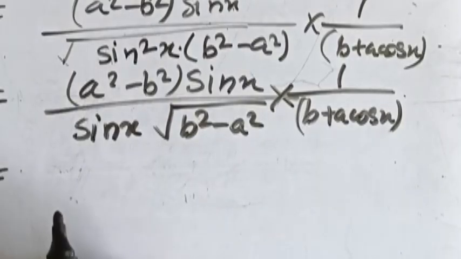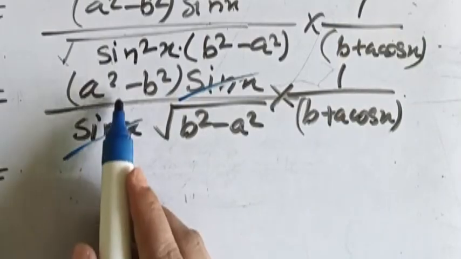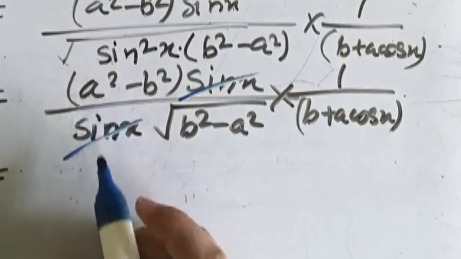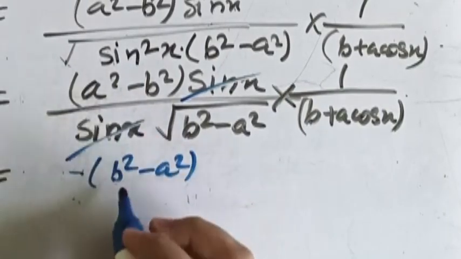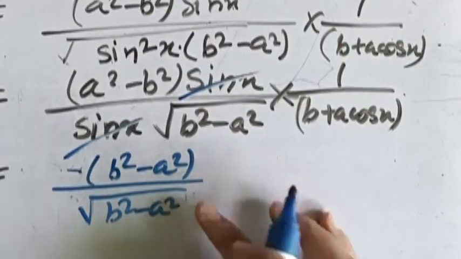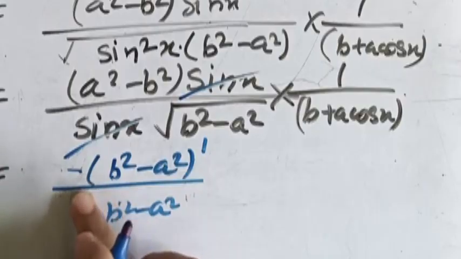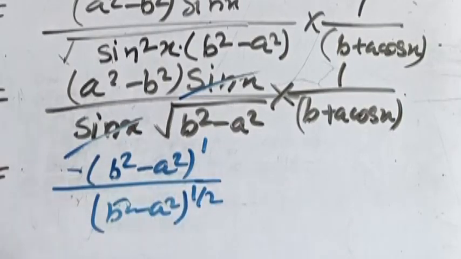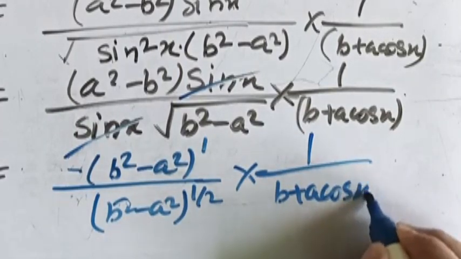So again, sin x will cancel sin x. And again here look, we can write it as minus b square minus a square, taking minus common, and under root b square minus a square, which means it has power 1, and square root can be written as 1 upon 2, like this, 1 upon b plus a cos x.